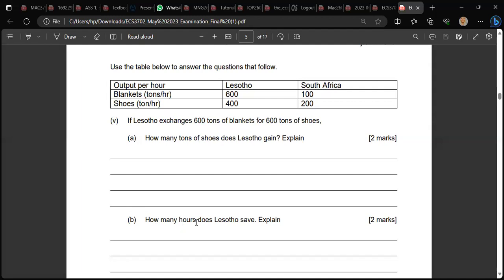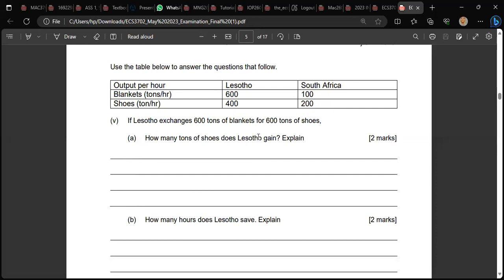All right. And then how many hours does Lesotho save? This is also a build up from this question, if you notice. If they've gained 600 shoes in place of 400, the net gain there is 200 shoes. So how much have they saved in terms of hours? They are basically asking you, how much are 200 shoes worth in Lesotho?